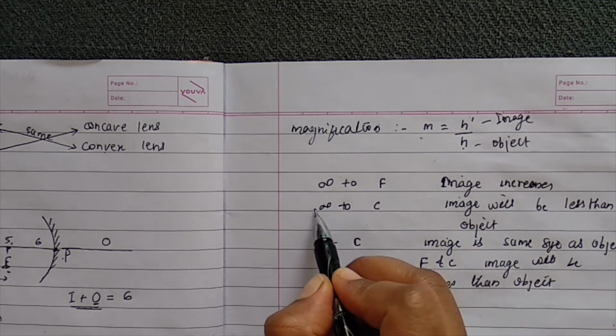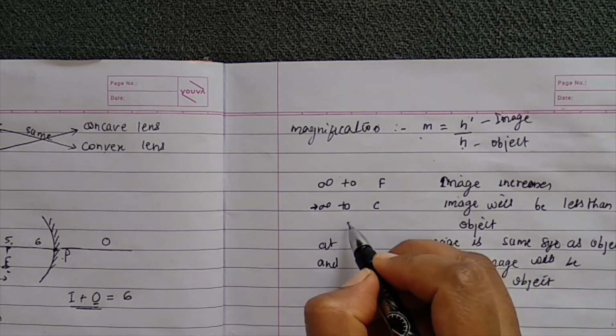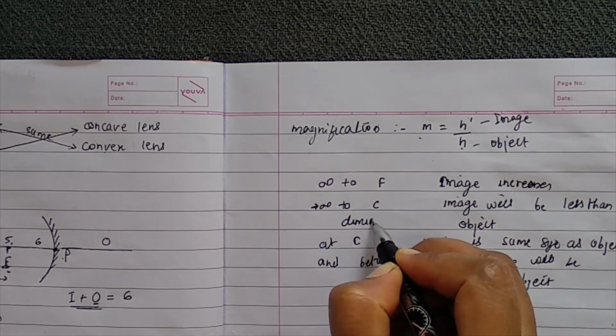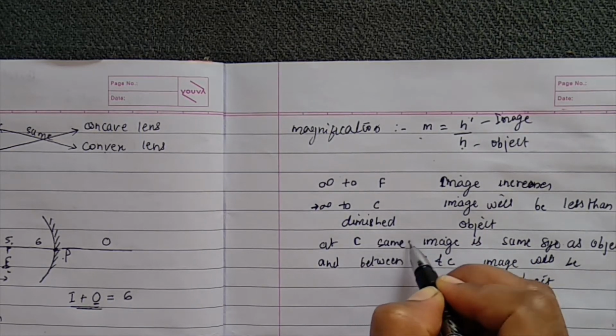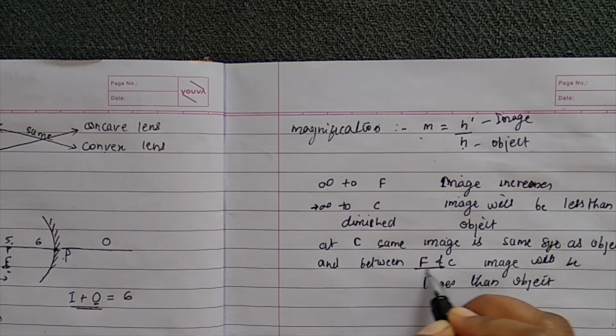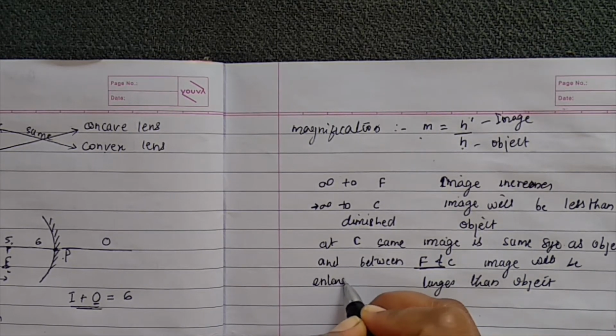So, here you can say the image is diminished. Here the same size, and between C and F it will be enlarged.